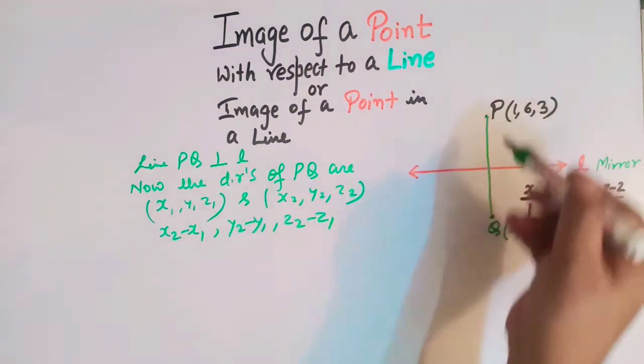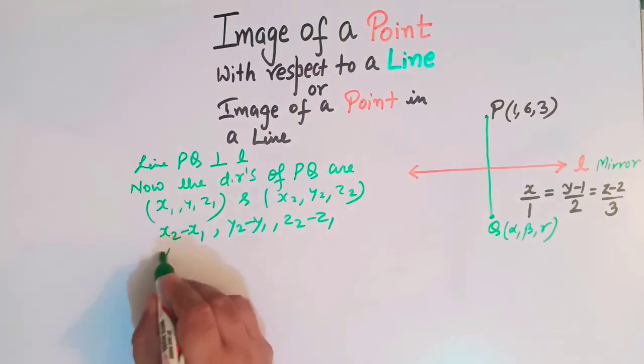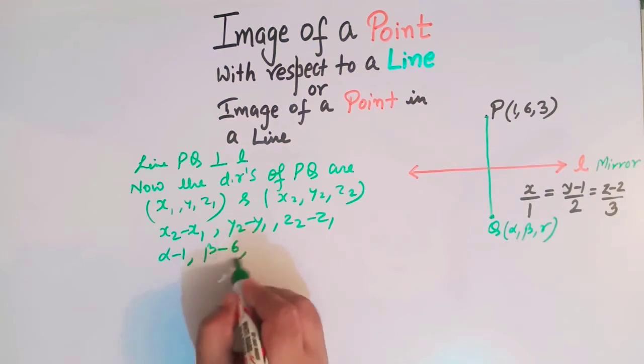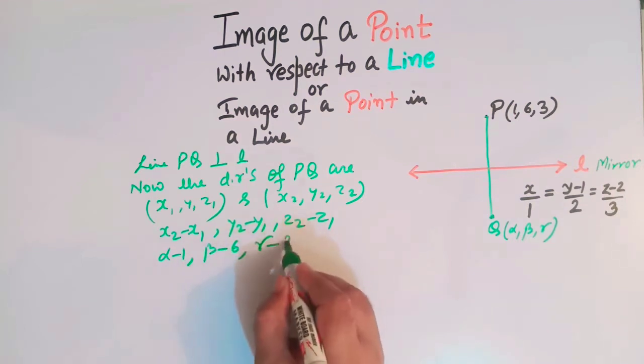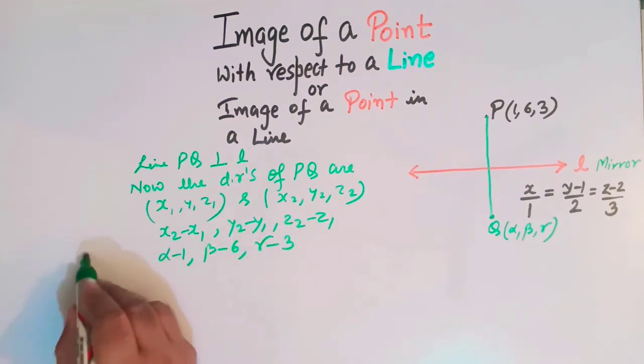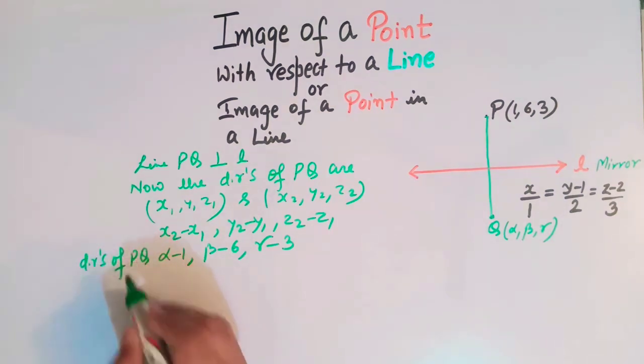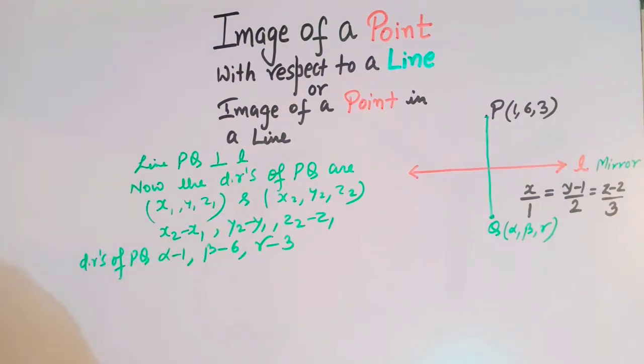So therefore the DRs are alpha minus 1, beta minus 6 and gamma minus 3. So these are the DRs of PQ, right?